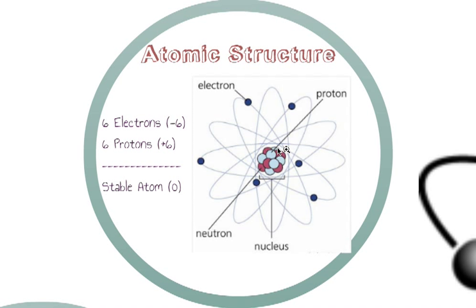If we count our protons, we have 1, 2, 3, 4, 5, 6. So we have 6 positive charges. Again, if you take negative 6 and you add 6, you're going to get 0. So this atom has an overall neutral charge to it, meaning it's not positive or negative, it's neutral. This is a stable atom.